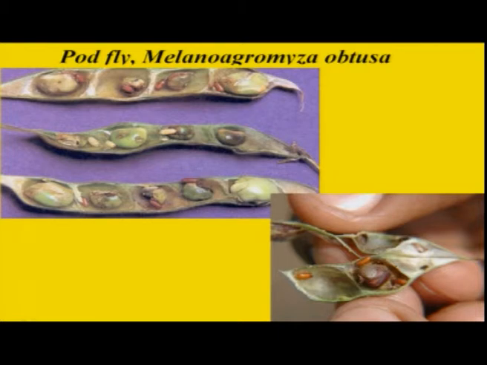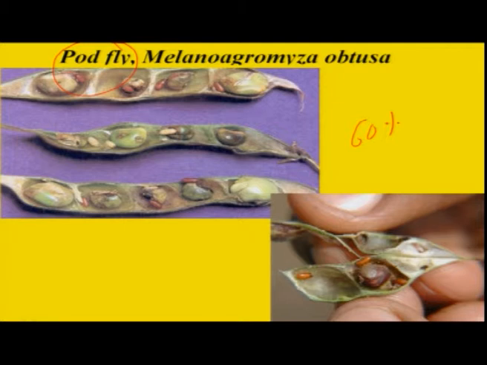Particularly in North India, there is a serious pest, the pod fly, referred to as Melanagromyza obtusa, a dipterous insect, and a loss of almost 60% is recorded.